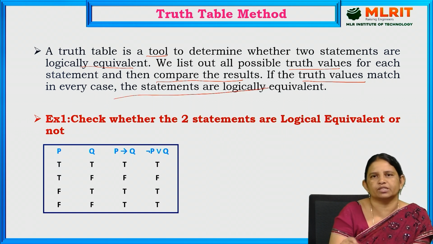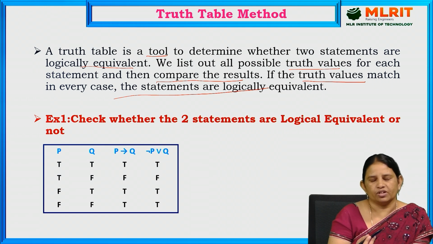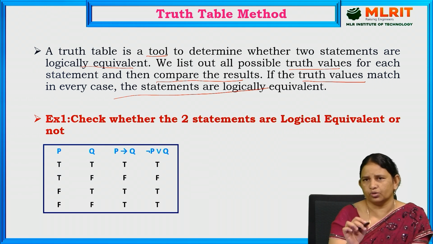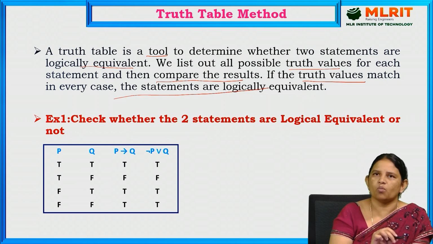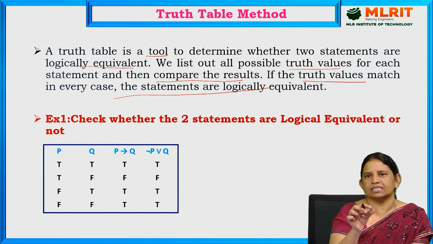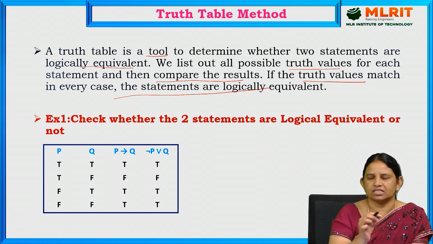So the first method is to construct the truth table for all the combinations of given inputs and compare the last column. If in every case it has the same truth value in both propositions, we can say that these are logically equivalent.